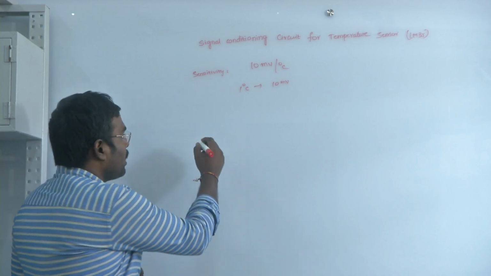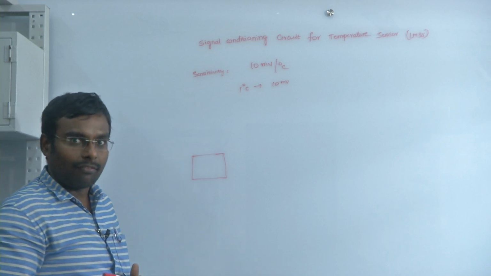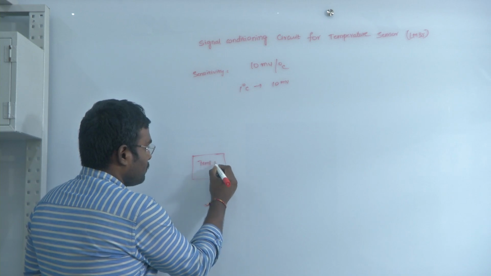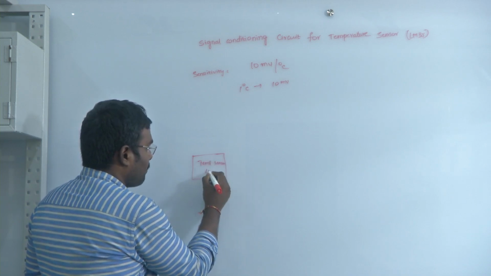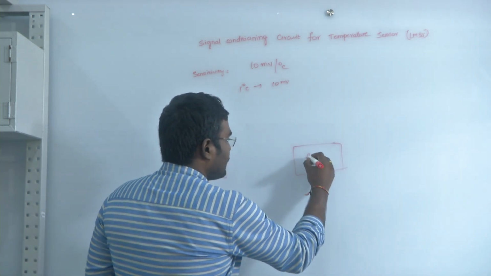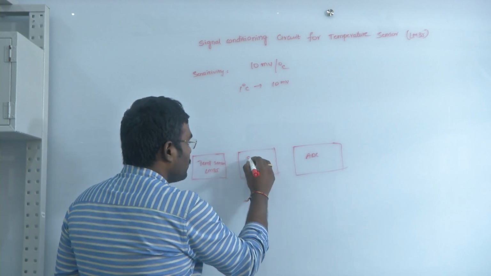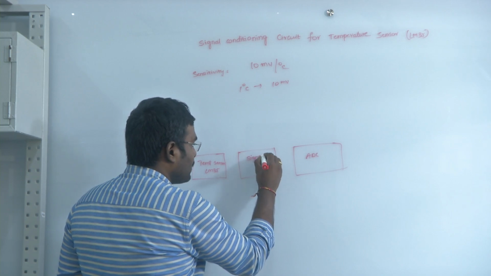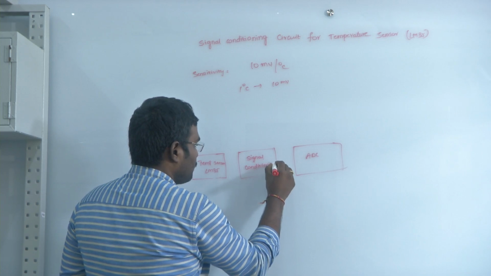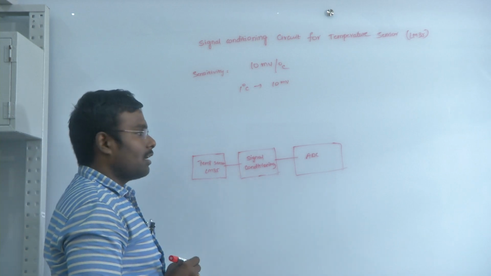If I represent the complete system using a block diagram, this is my temperature sensor, which is LM35, and if I want to interface it to the ADC, which is another system, we will use some kind of signal conditioning circuit or interfacing circuit in order to meet the requirements of the ADC from the temperature sensor.